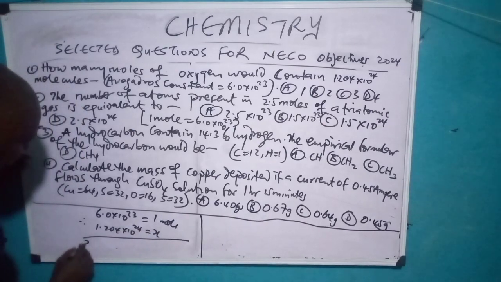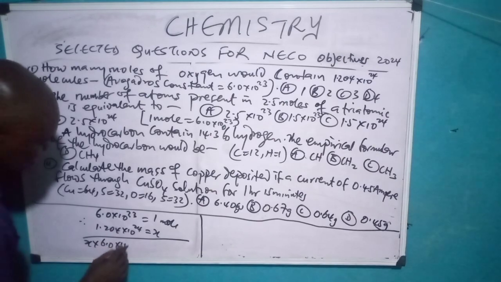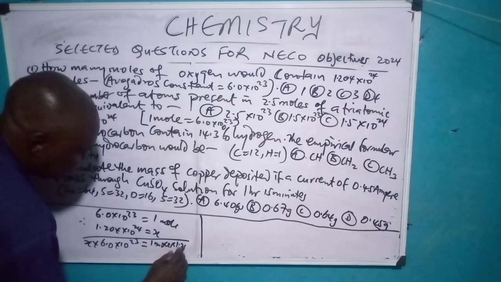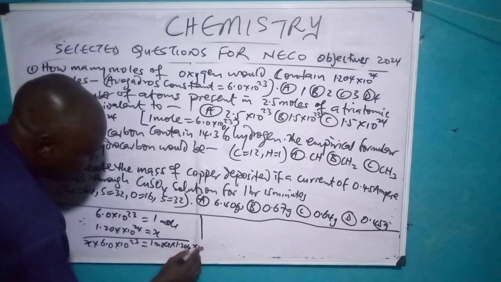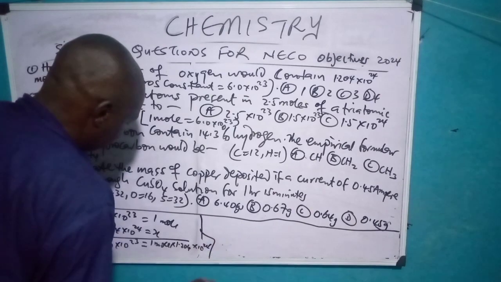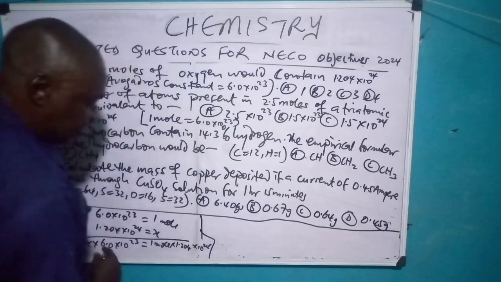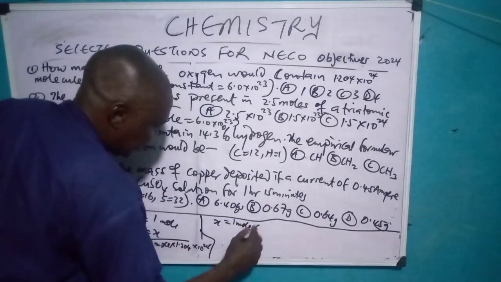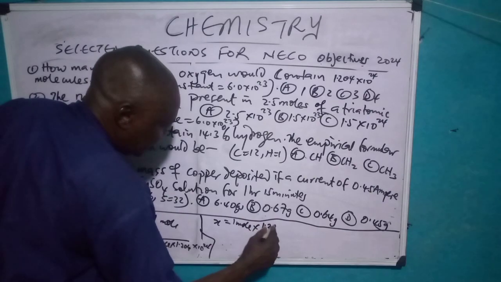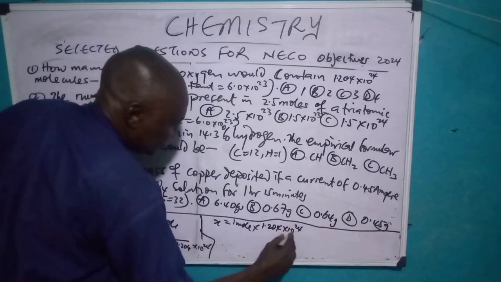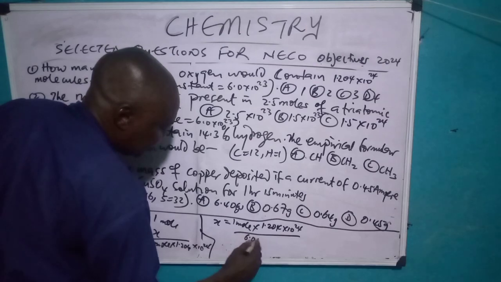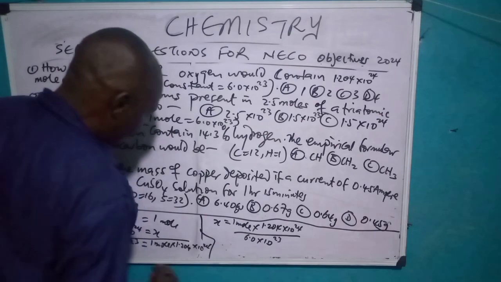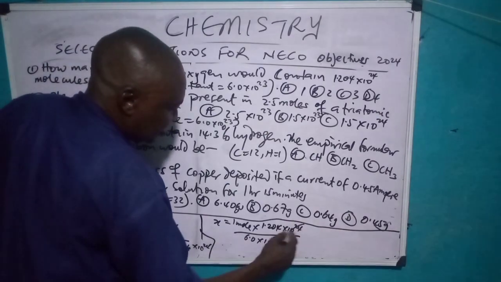You cross multiply. S times 6.0 times 10 to the power of 23 is equal to 1 mole times 1.204 times 10 to the power of 24. Let's now make S the subject of formula. S will be 1 mole times 1.204 times 10 to the power of 24 over 6.0 times 10 to the power of 23. By me looking at it, this one will cancel the remaining 10.